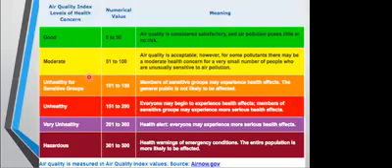So red being the hazardous, which is interpreted as a numerical value of 301 to 500, which means health warnings of emergency conditions, the entire population is more likely to be affected. So generally, that area is probably very polluted.